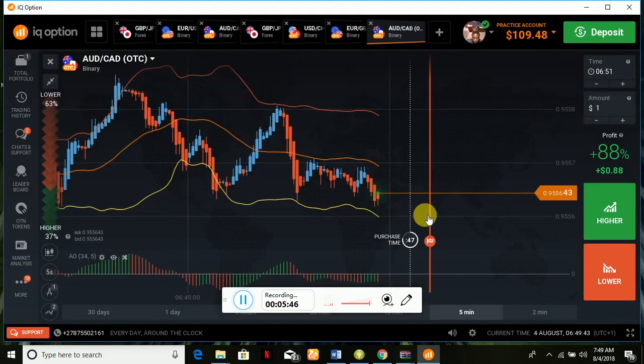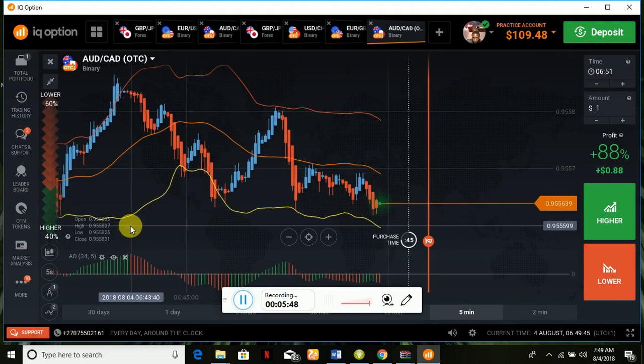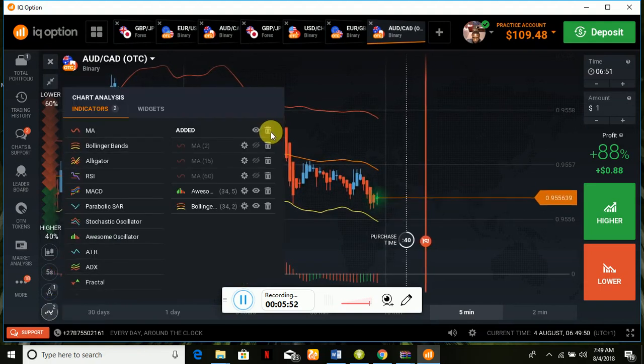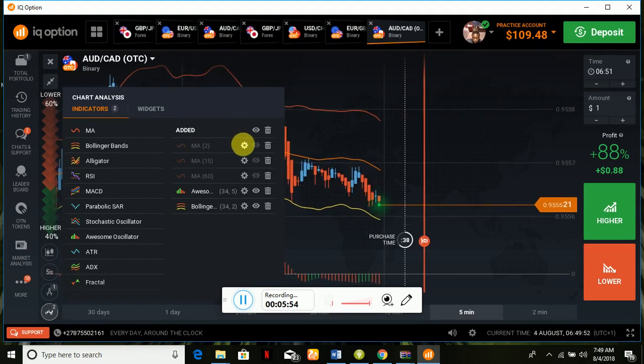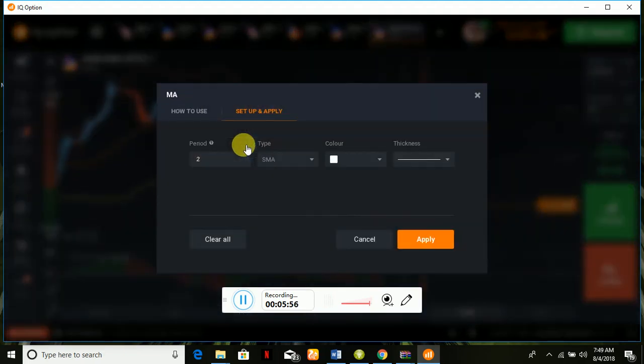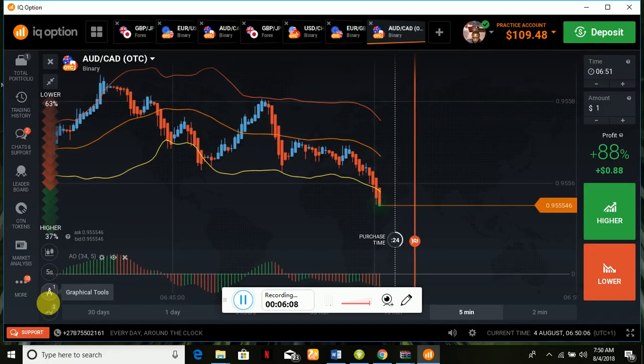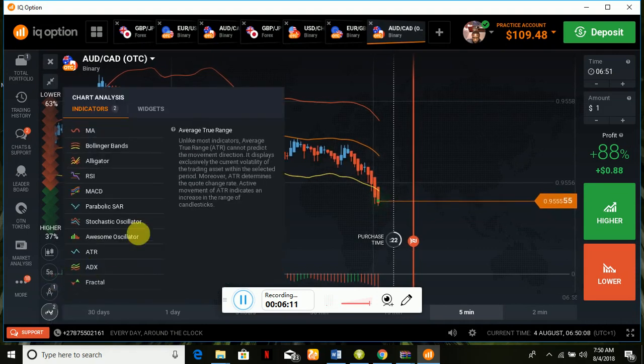Then you apply that and leave it like that, and then you will have to add a moving average. You make one of them white, a simple moving average. As you can see, the SMA period must be 2. You apply that as well.